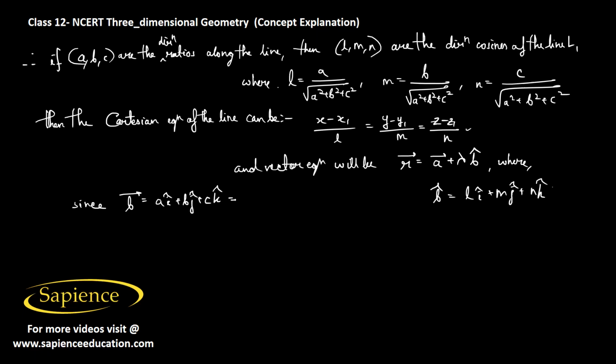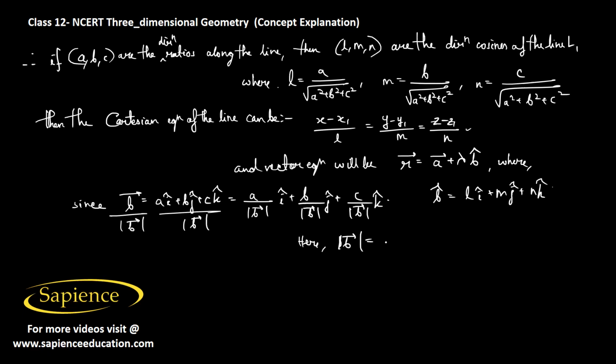So if we divide that by the magnitude of b on both sides, then we will obviously get a by magnitude of b i cap plus b by magnitude of b j cap plus c by magnitude of b k cap. Now the magnitude of b is nothing but square root of a square plus b square plus c square. So this b vector by magnitude of b, which is b cap, would be equal to l i cap plus m j cap plus n k cap.